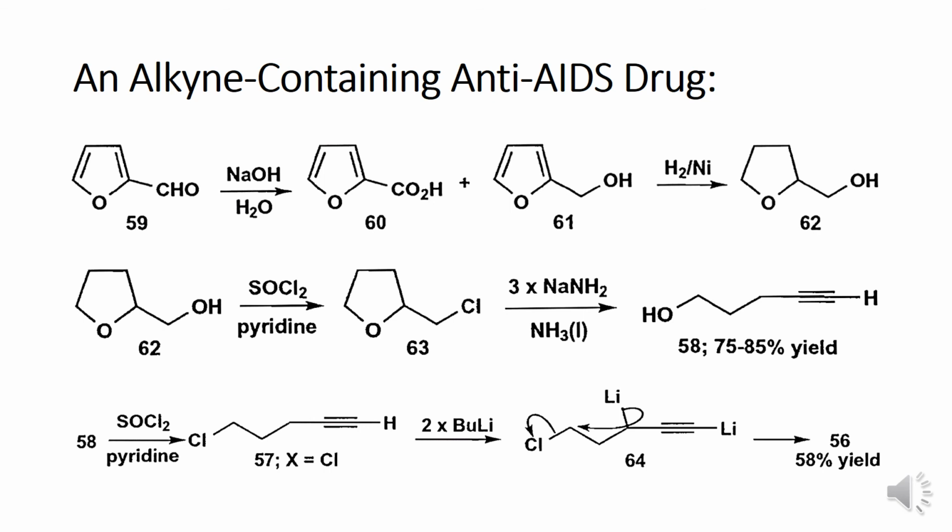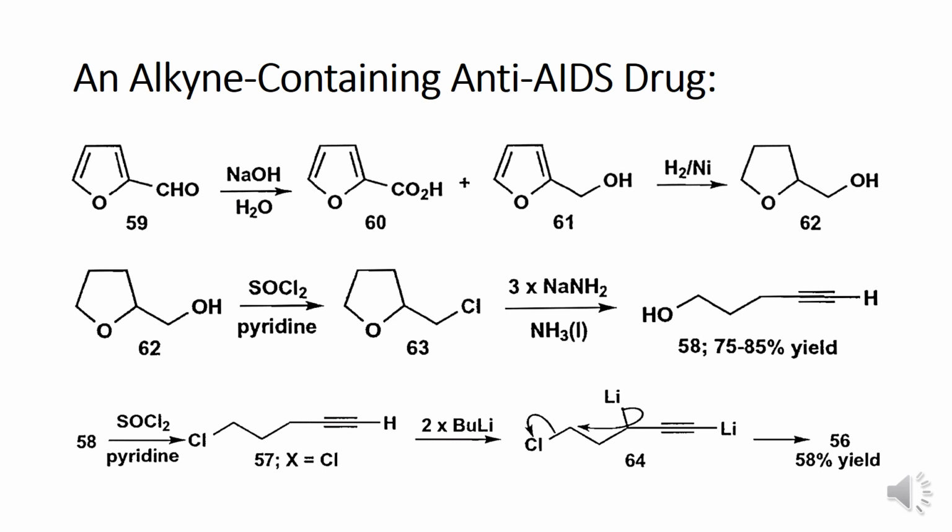Though we saw elimination reactions used to make alkenes, this is the first we have seen used to make alkynes. Now, the three-membered ring can be closed after replacing the hydroxyl group by chloride, by treatment with two equivalents of butyl lithium.